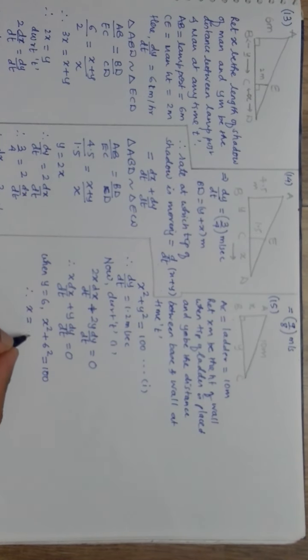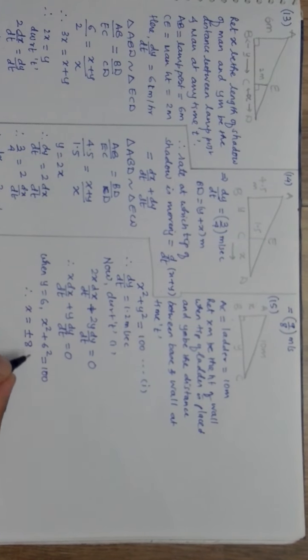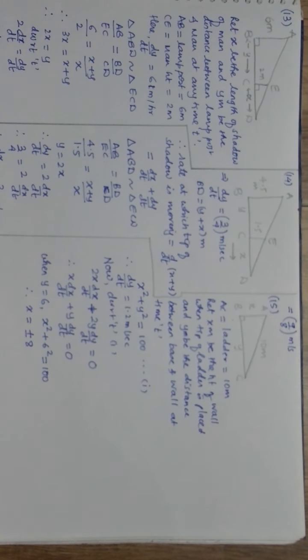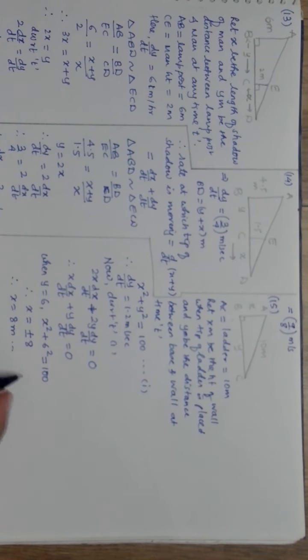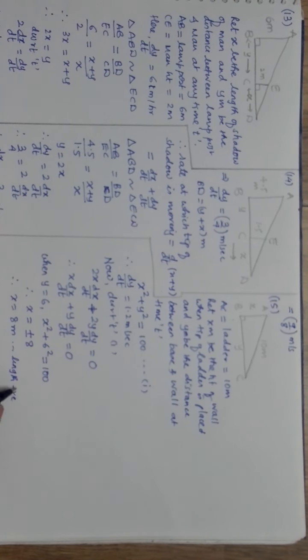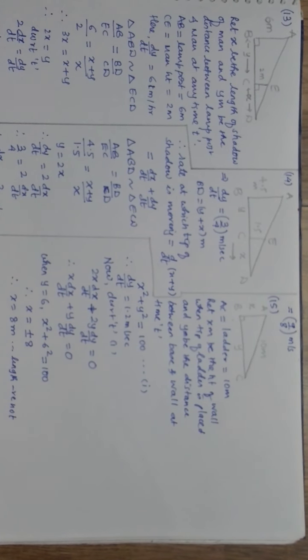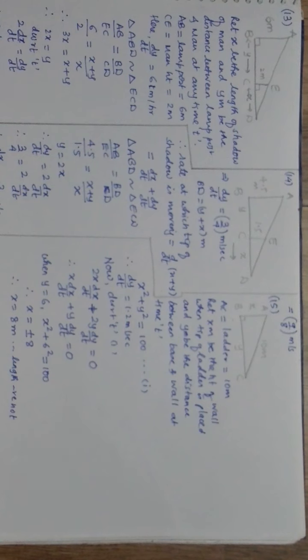So x is equal to plus minus 8. But since it is talking about length, length cannot be negative. So therefore x is equal to 8 meter, that is, the positive root we take, as length is never negative. I am saving space. So x is equal to 8.